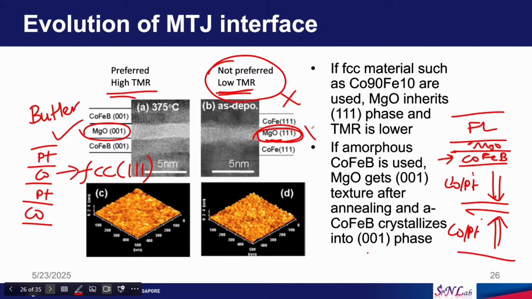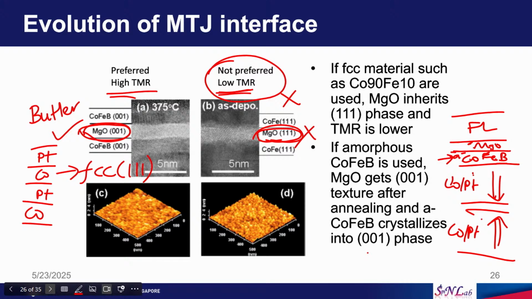Okay. So, we do not want this one. So, to break that we insert an amorphous cobalt iron boron. So, now this is amorphous. So, on top of amorphous cobalt iron boron, magnesium oxide will grow with 001 texture. Okay. So, the TMR will not be affected because of this layer.